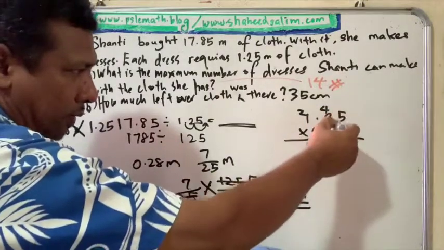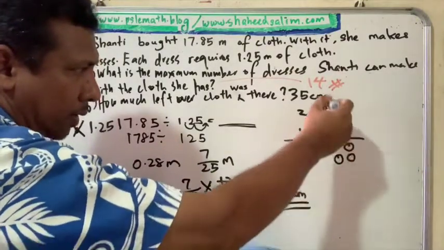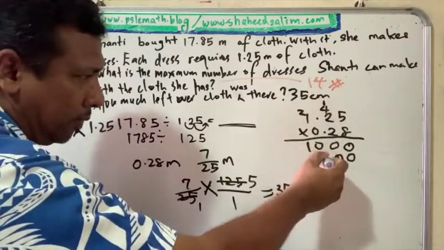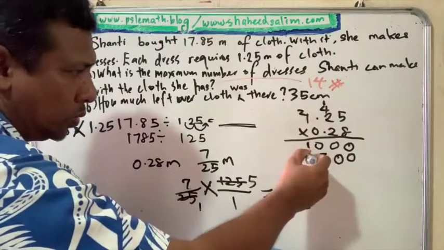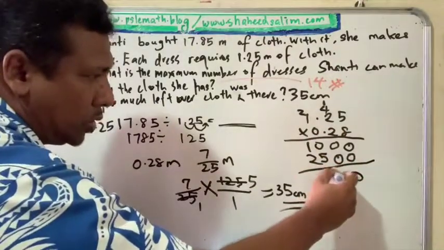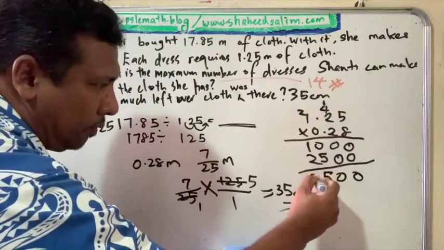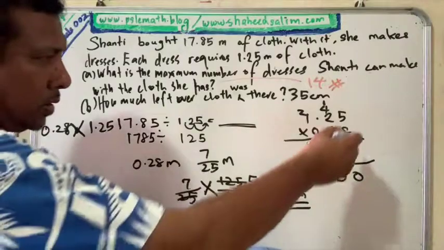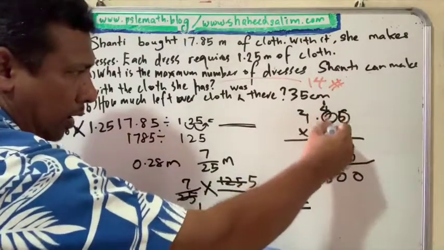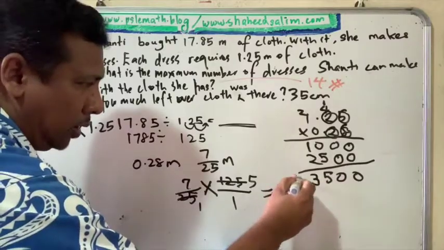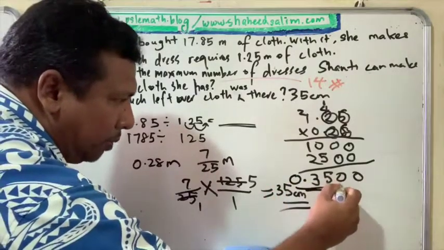Put the 0 first. 5 times 2 is 10, carry 1. 2 times 2, 4 plus 1 is 5. 1 times 2 is 2. You add together. Now count the number of decimal places: 1, 2, 3, 4. Put the dot here. 0.35 meters.